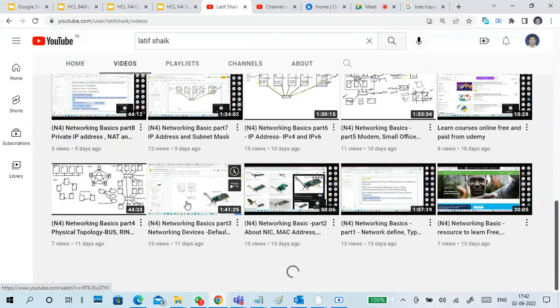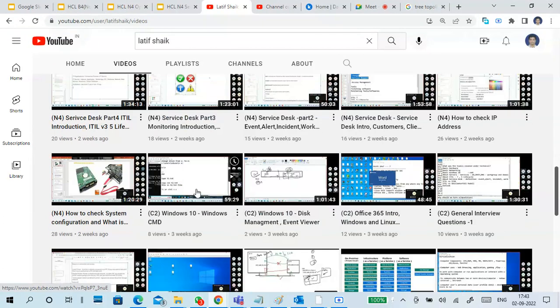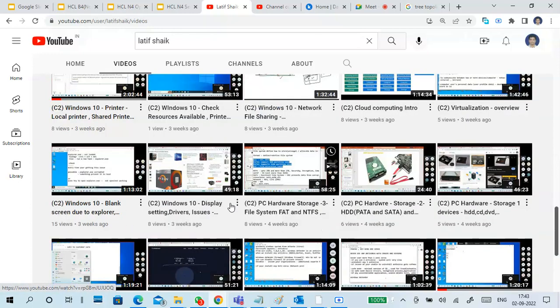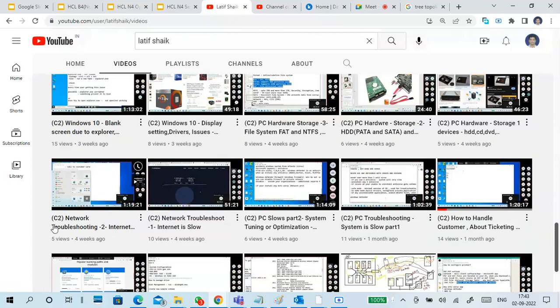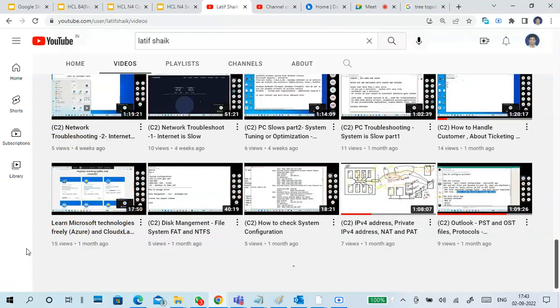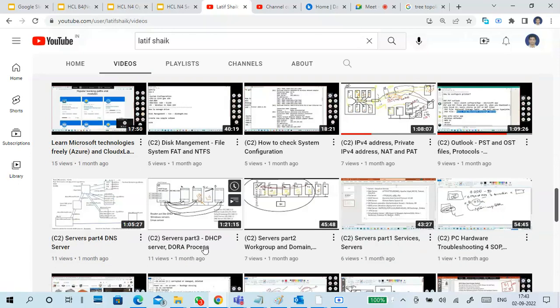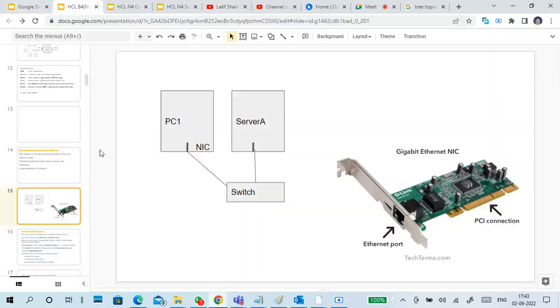This is N4, networking side and others. This is C2; in C2 I also put a lot of things. I took almost more than one month for this batch. You can try it if you want Outlook or all kinds of stuff and get that information. So keep learning. That's my suggestion.